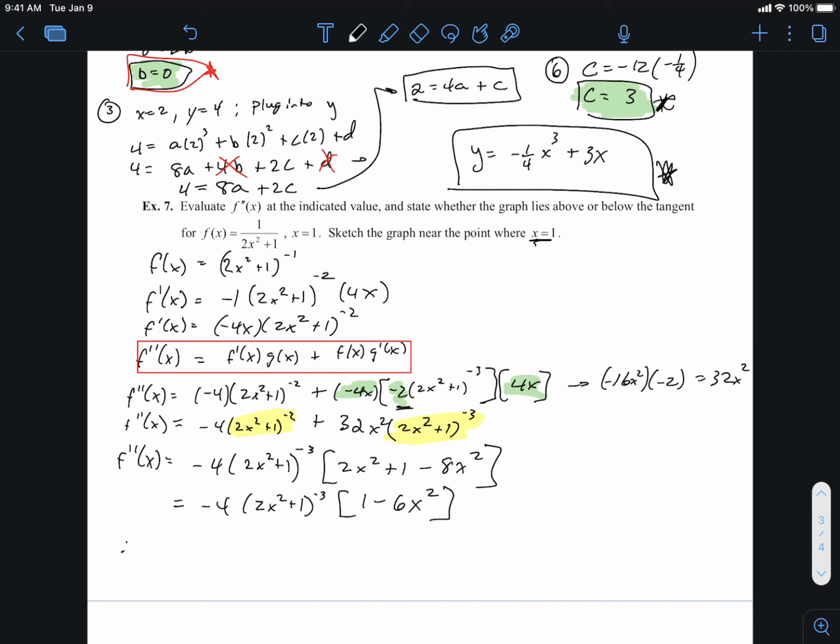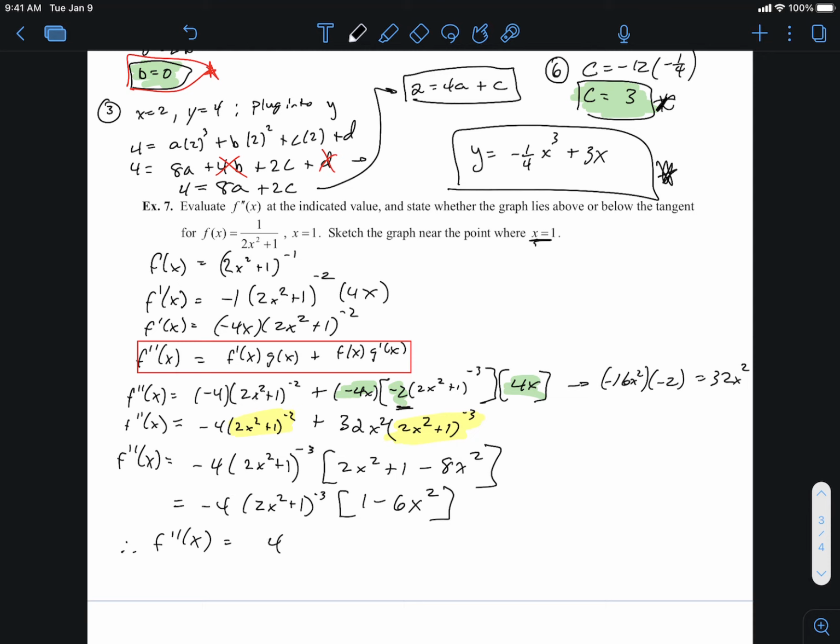Okay, and then therefore, this is a long derivative, guys, but f double prime of x is going to equal 4. We can clean this up.